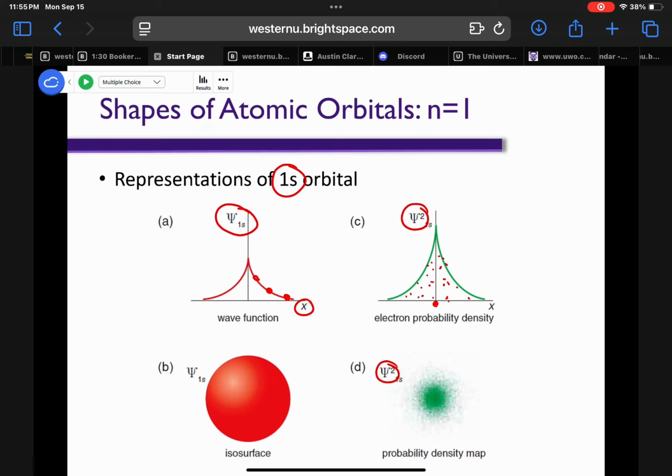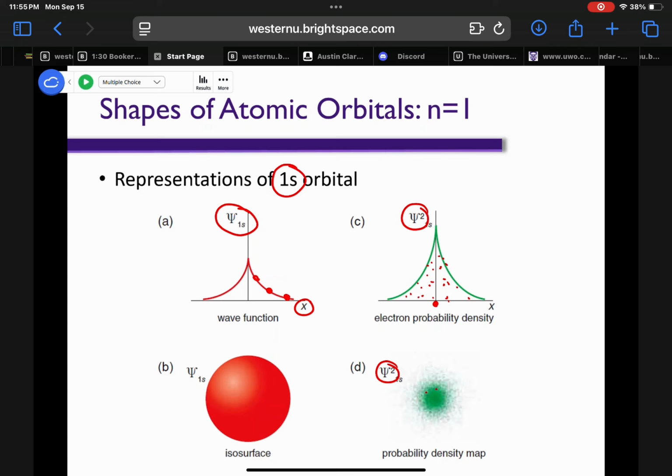Let's imagine we use that nice big expensive camera and we were looking at one atom and plotting where that electron was. We can't actually do that exactly, but let's imagine that we could. If I took a picture of where the electron was and then overlaid all those pictures, that's where this probability density map comes from. So my first picture, I find it right there where that red dot is.